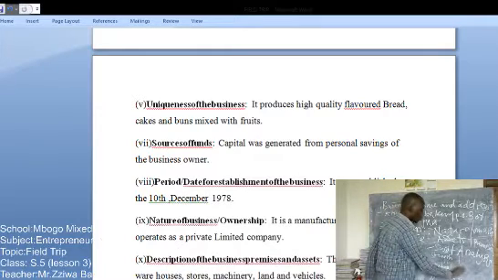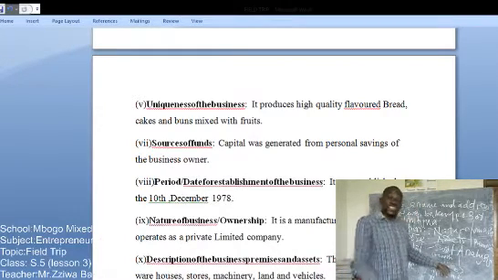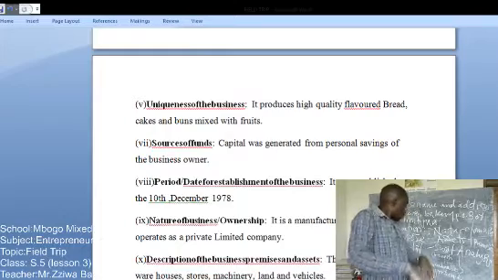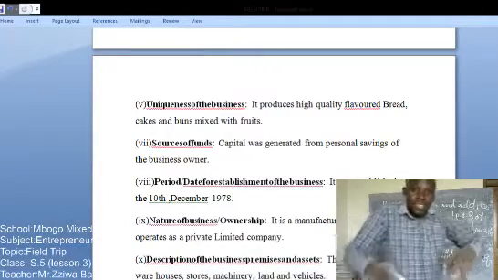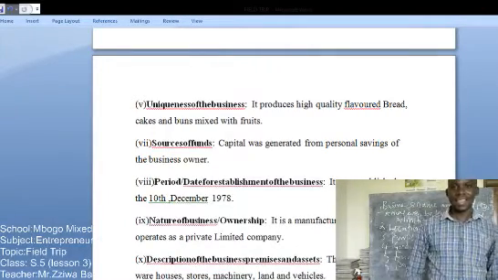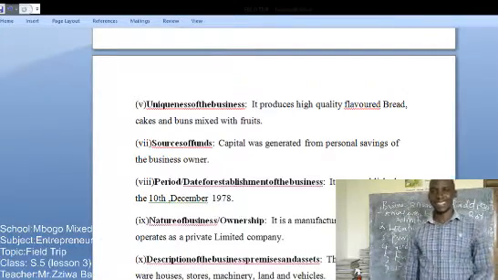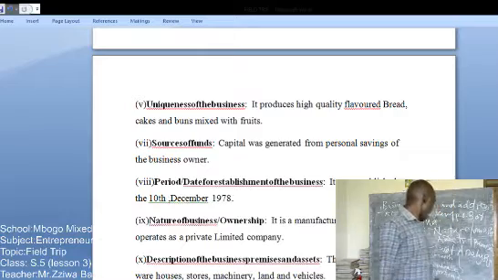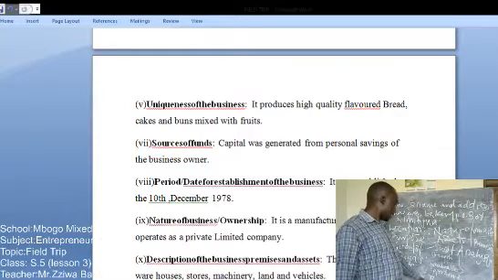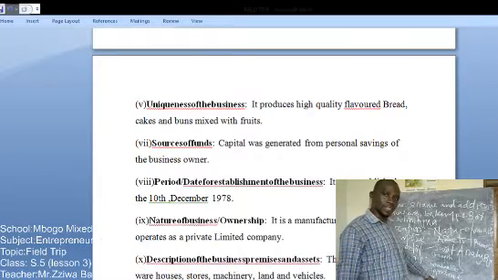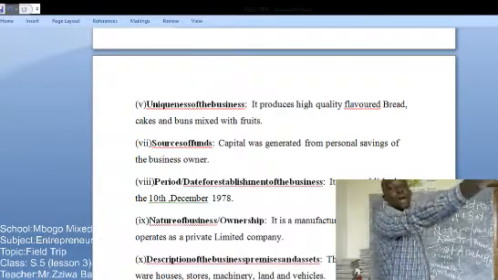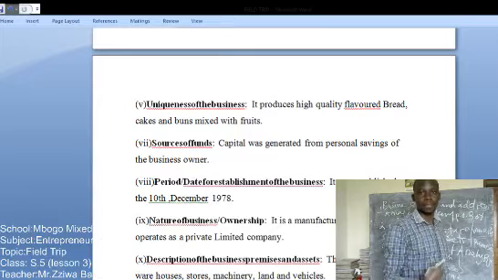These first 2 are from within the business. Strengths and weaknesses, they are from within the business and either positively or negatively affect our business. Then, opportunities and threats, these ones do come from outside the business.